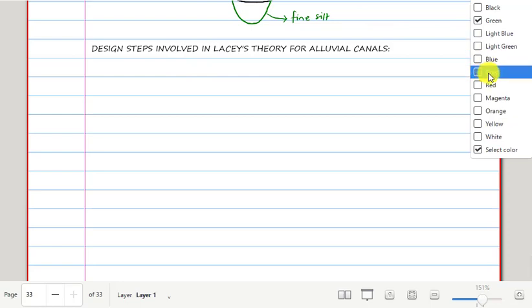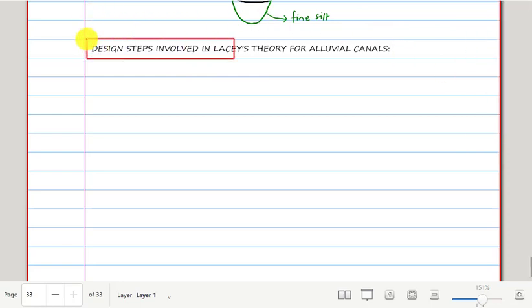If you remember the design steps of Kennedy's theory, in the first step we found the critical velocity, and at the end we found the actual velocity and compared both velocities to decide whether we are going to change the depth of the canal or not, right? But in this case we are not going to find two velocities, critical and actual velocity. We are just going to find one velocity that we will represent with V.